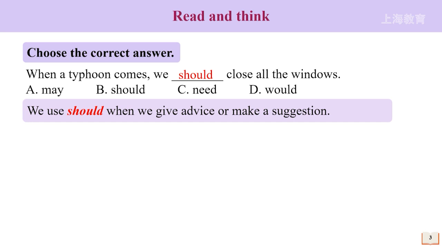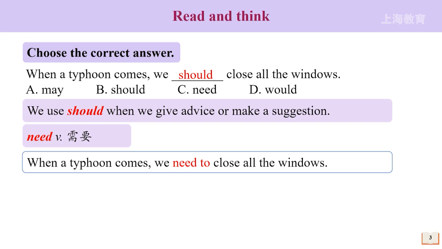我们应当关注情态动词的语用功能，来正确使用情态动词。在肯定句中，need 一般作为行为动词使用，而不作为情态动词。We usually say, when a typhoon comes, we need to close all the windows.